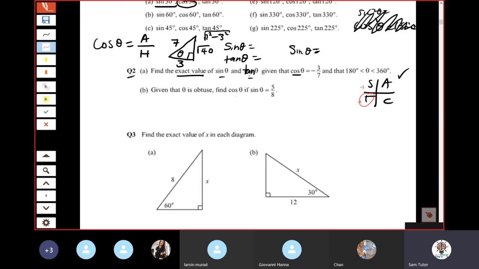So it's somewhere in this region, and cos has got to be negative. So the only solution is tan is positive, which means sine and cos are both going to be negative.